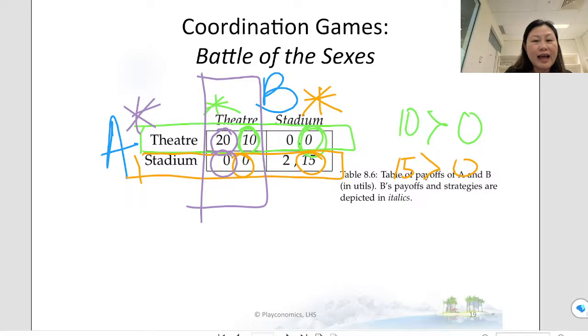If we then look at player B going to the stadium, then player A will have 2 and 0, and 2 is greater than 0, so that says stadium.